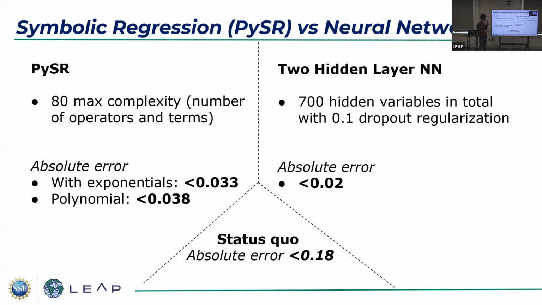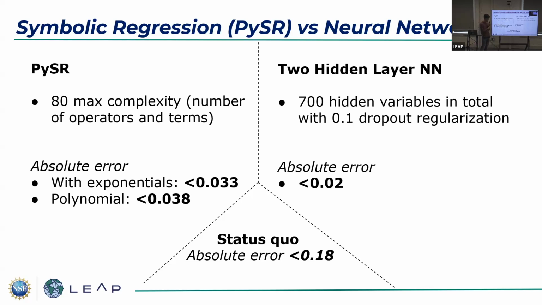So in a way, you are comparing probably something like 40 to 700 hidden variables. So you can see some of the results. Sure, your neural network absolute error is pretty small. That's great. Probably can bring it even smaller if I use more hidden variables.